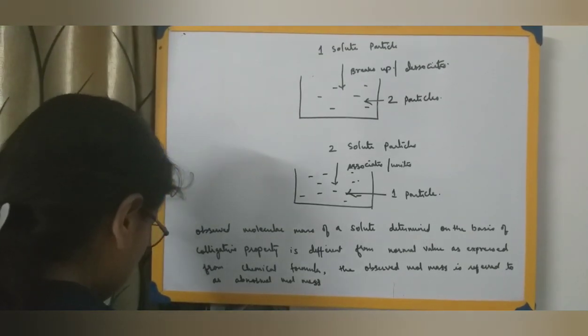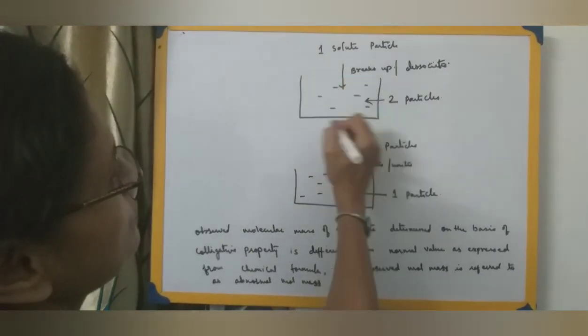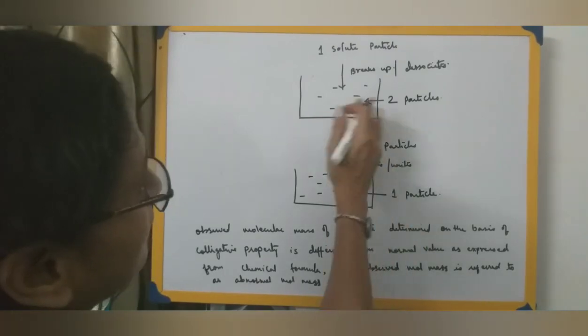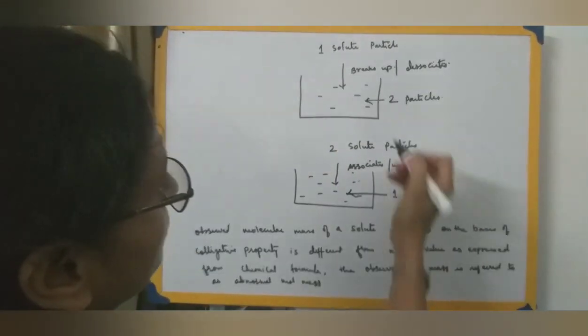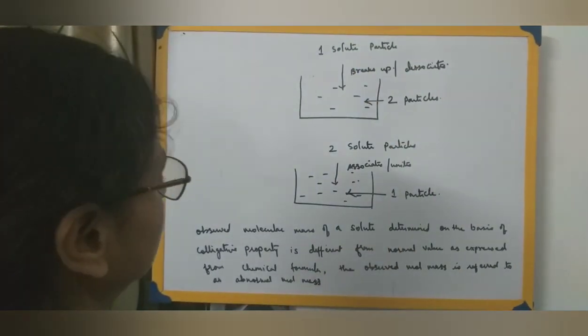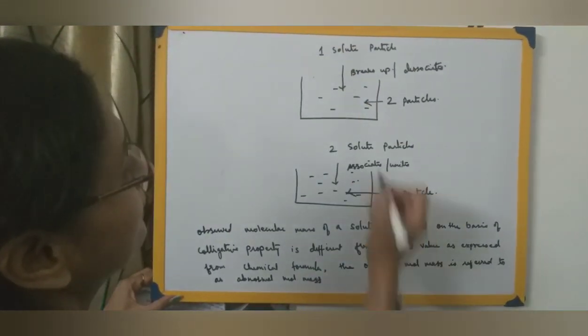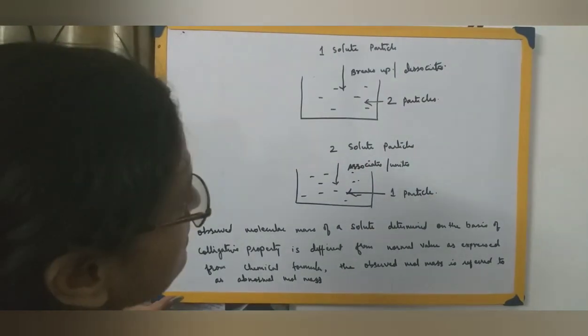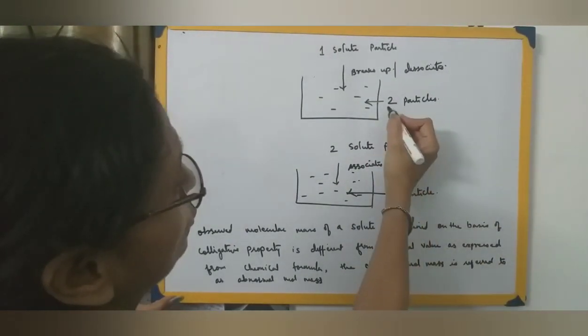Now look here. Just imagine this is a solvent, a liquid, let it be water or any other solvent, and we put one solute particle into this solvent, and this one solute particle dissociates to form two particles.